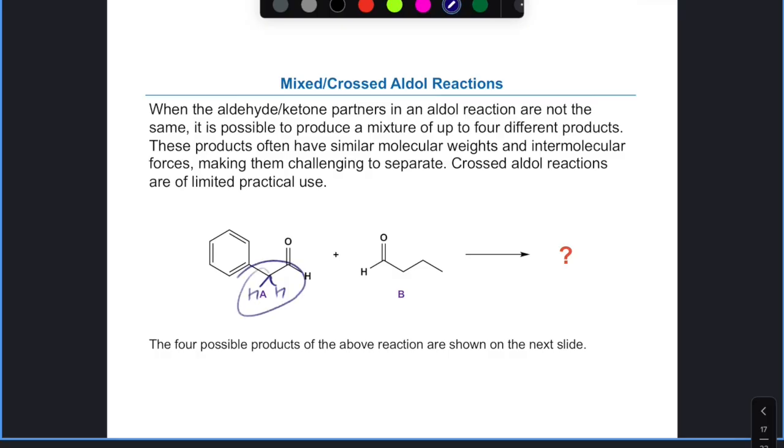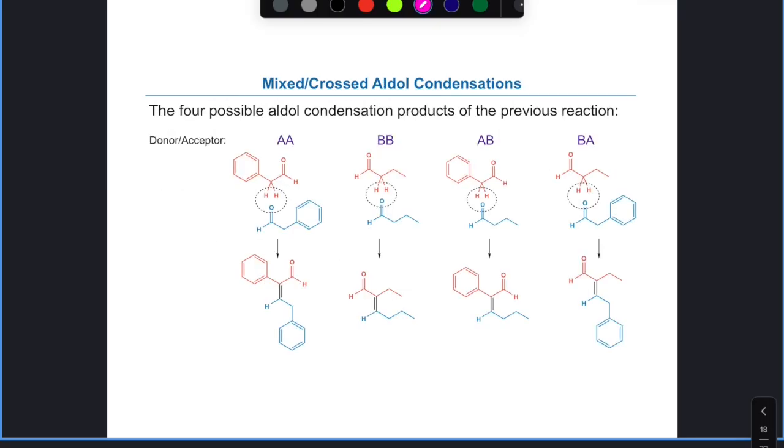If I deprotonate that center, I'm making my enolates. As the aldehyde starting material, I could use it as an acceptor. Same thing here. I have 2 centers that could be either a donor or an acceptor. If I put every one of these together, I get every permutation that's possible that looks like this. I can have A with A to make this condensation product, B with B, symmetric condensation product.